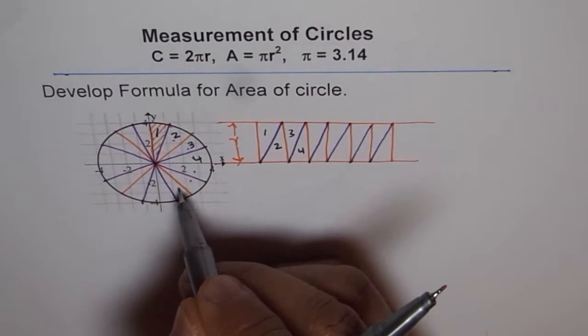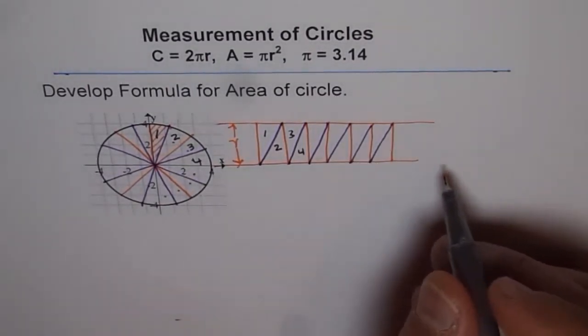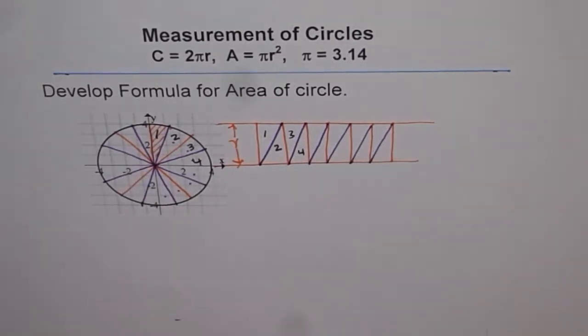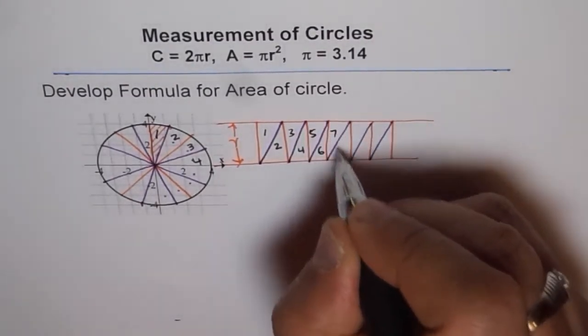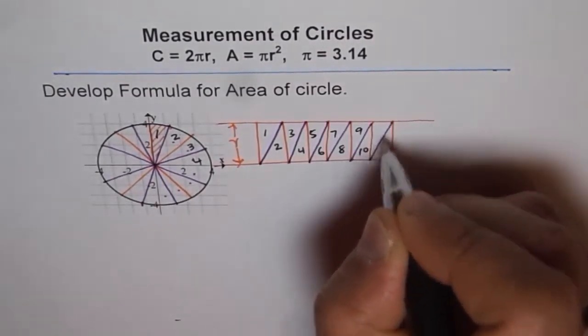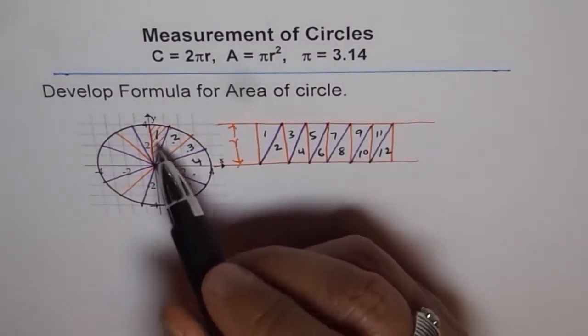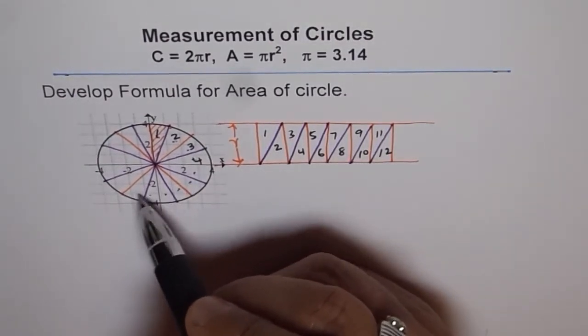That means I've covered up to here, correct? Similarly, if I go, I can cover all these. So I'll have 8 more triangles here to cover up all the rest, right? So let me do that again. So let me number these. So 4, we got 5, 6, 7, 8, 9, 10, 11, 12, right? So how do I have 12? 1, 2, 3, 4, 5, 6, 7, 8, 9, 10, 11, 12.